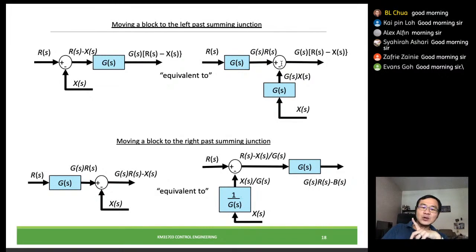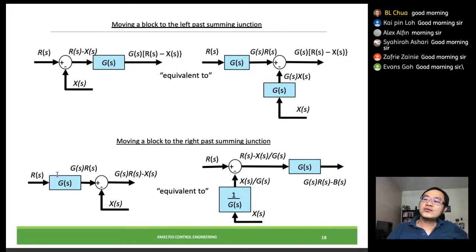If we have a third signal coming in, we also have to add this block to the additional signal. This is the idea, so that we don't disturb the final output of the signal after the summing junction. So we could say that this is equivalent.